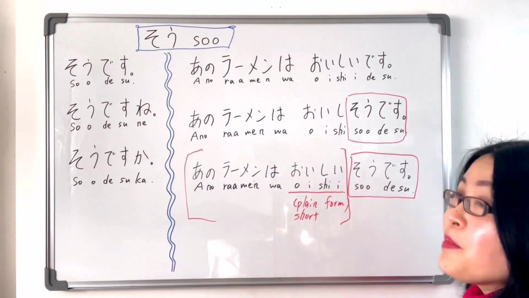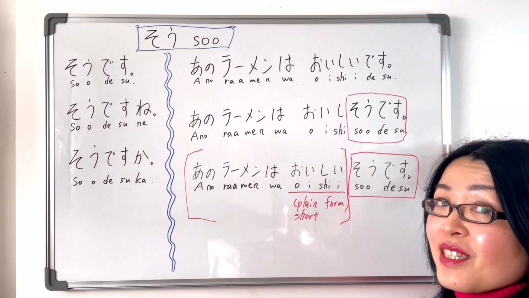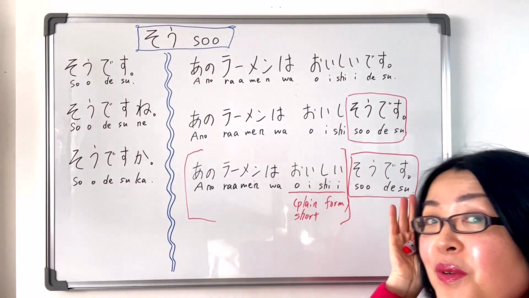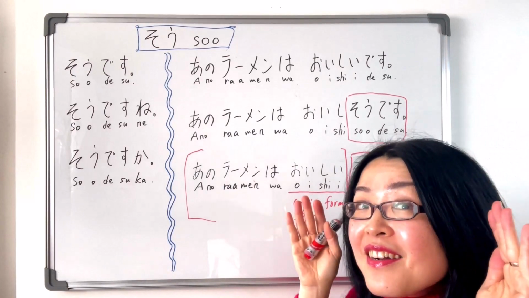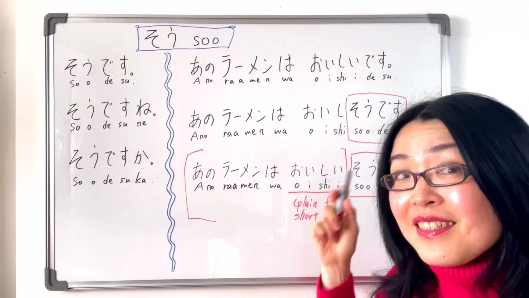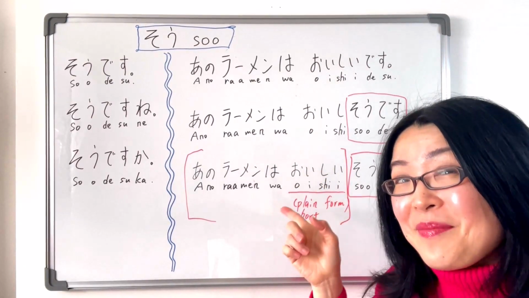Alright? Hope it helps. But with the い-adjective, 美味しそうです and 美味しいそうです are just one syllable different, so it's very difficult to catch when you hear it, right? When you listen to somebody talking in Japanese, be careful. But now I hope you understand the meaning, right?